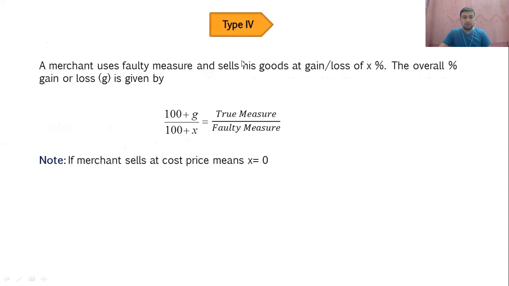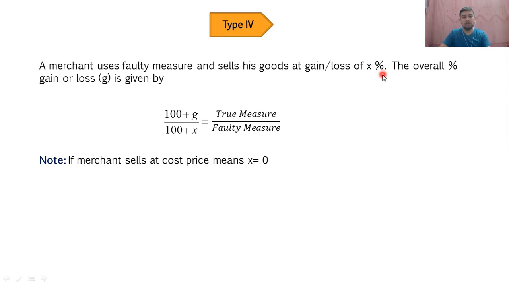Next, type number 4. A merchant uses faulty measures and sells his goods at a gain or loss of X percentage. So there is one merchant who, for measuring purposes, is using faulty instruments. A merchant may use faulty measures for measurement.